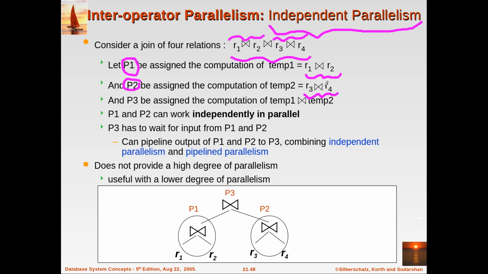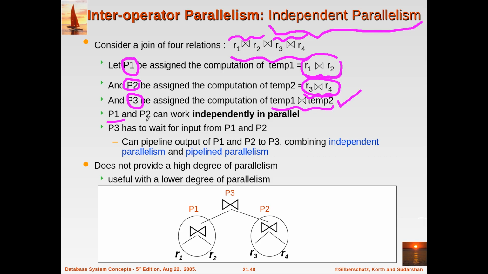They are independent. And in the third processor P3, we will do temp1 join temp2. The result of R1 join R2 is stored in temp1, and R3 join R4 is stored in temp2, and temp1 join temp2 will be evaluated on processor P3.